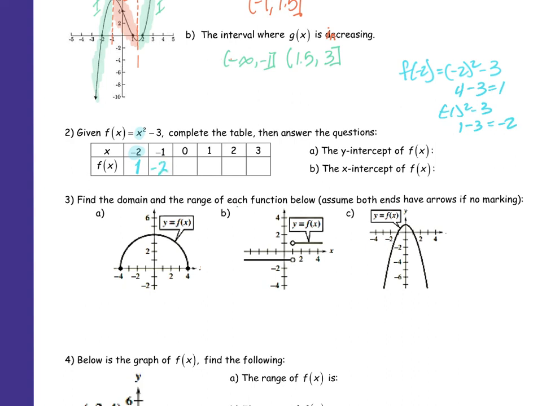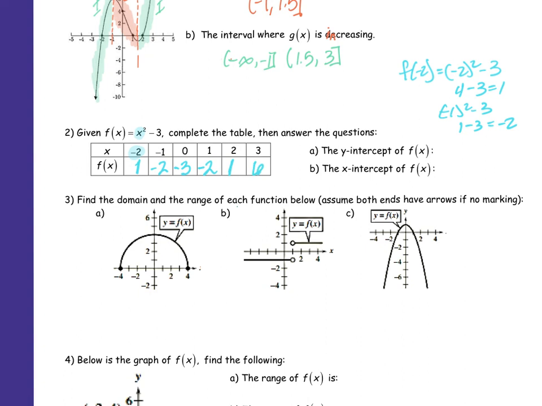Okay, this is right. Sorry, I thought those numbers didn't make sense, but they do now. 0 squared is 0, minus 3 is negative 3. 1 squared is 1, minus 3 is negative 2. 2 squared is 4. 4 minus 3 is 1. 3 squared is 9. 9 minus 3 is 6.